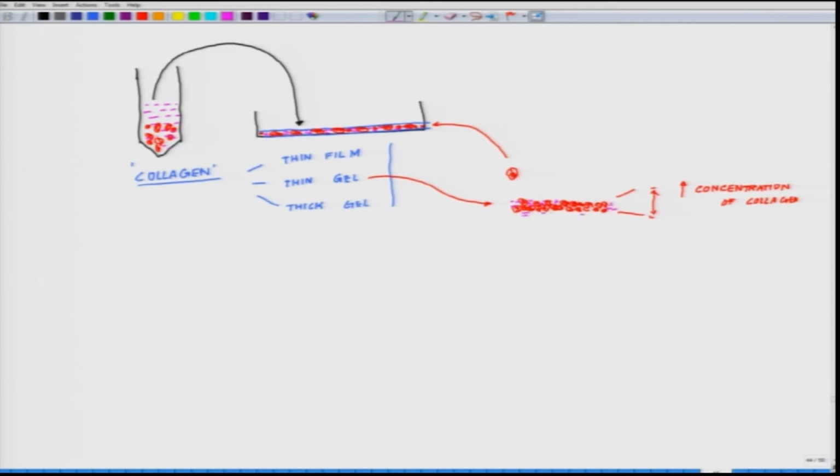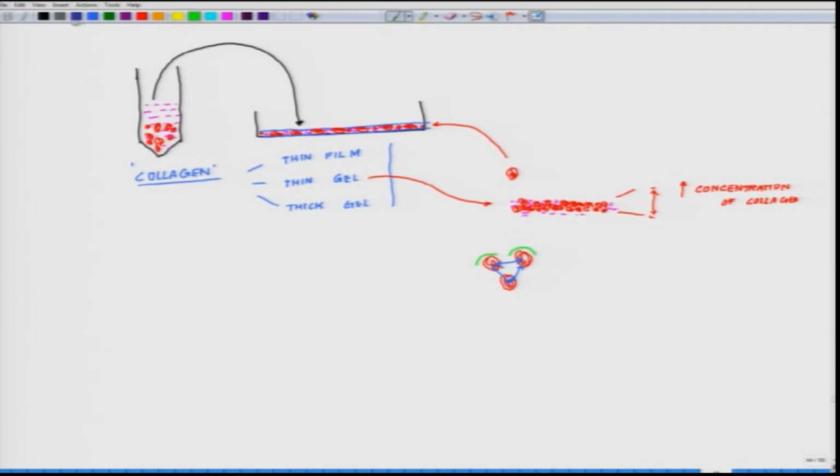So there will be two levels of interaction. One interaction you have to make happen is between the individual collagen molecules. There is one set of interaction that will bring them close, whereas there is a second level of interaction, which is the surface that is exposed, which I am showing like this.